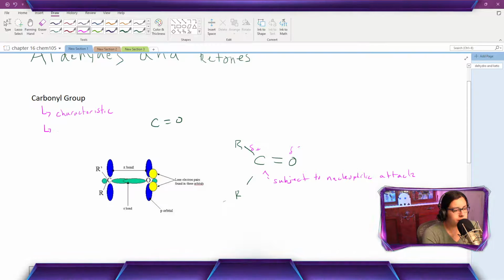Some techniques that we use for characterization are going to be IR and NMR, and IR would be very useful since carbonyls have a distinct stretch. So we've mentioned this dipole moment that CO has, and since it's a double bond, it also has a really strong bond.